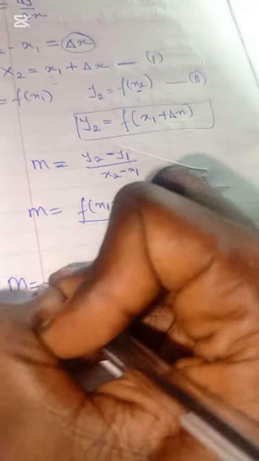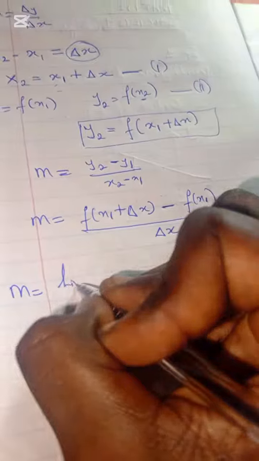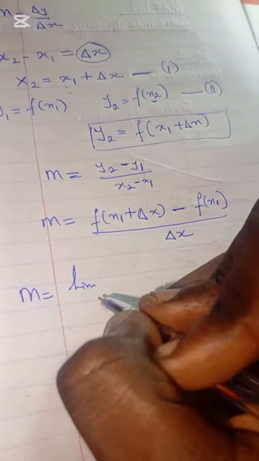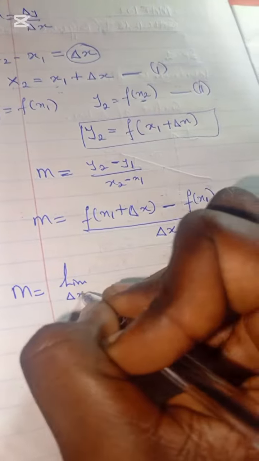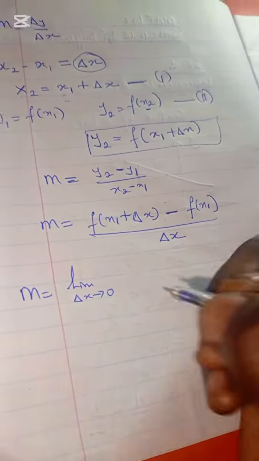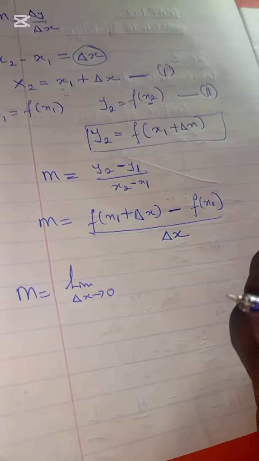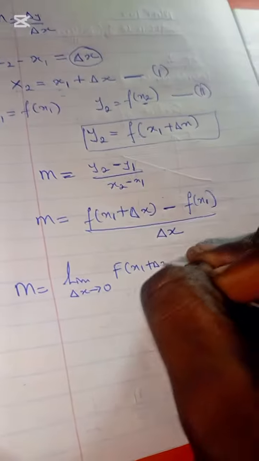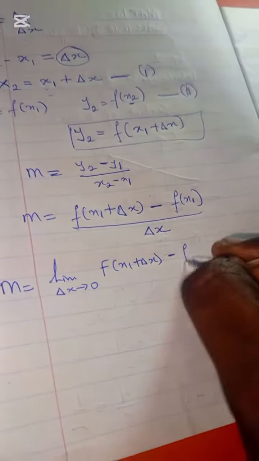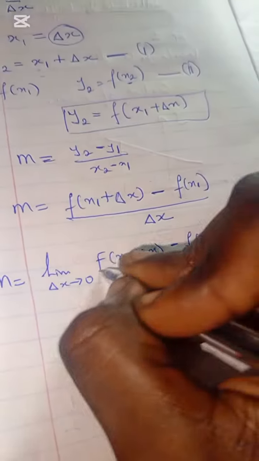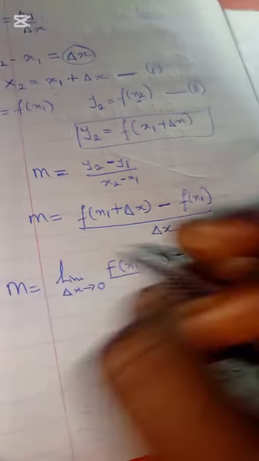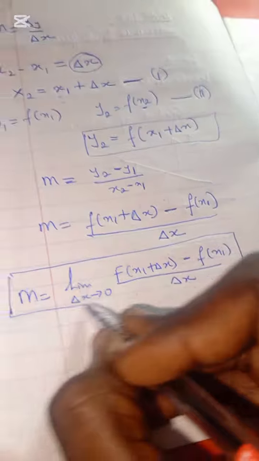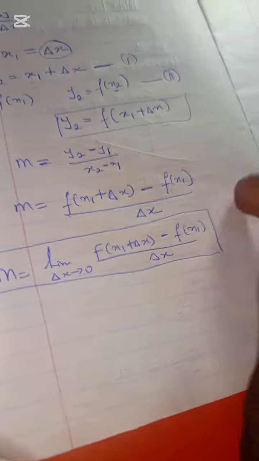So let's take limits; I'll explain it in episode 2, where I'll be talking about the limit of a function. So don't worry, you will understand better in episode 2. Taking the limit as delta x, the change in x, tends to 0 of f of x1 plus change in x minus f of x1, over change in x. This formula is the formula to get the gradient of a line.